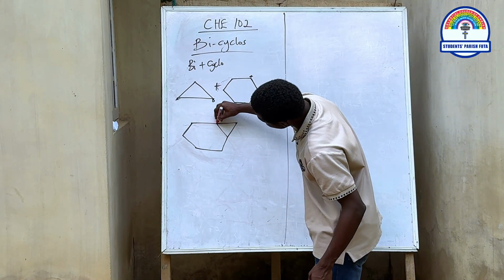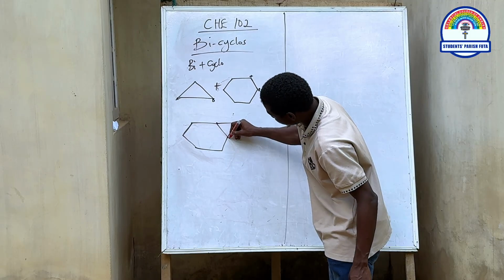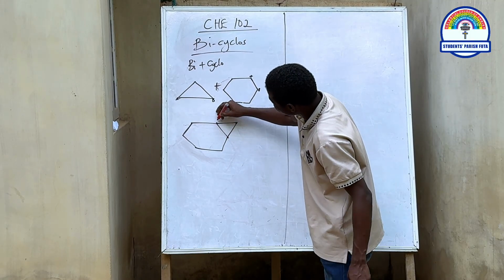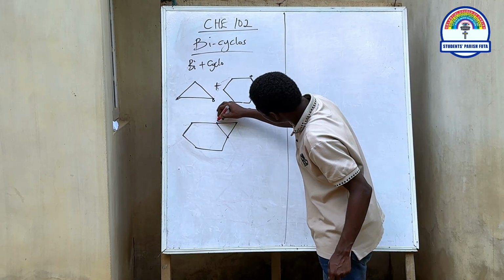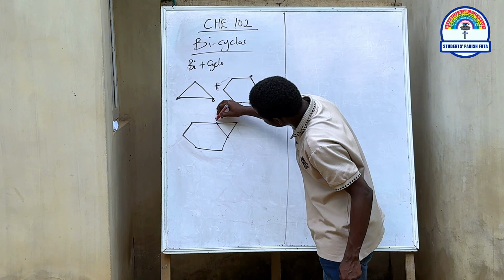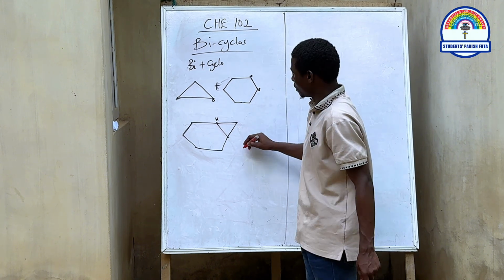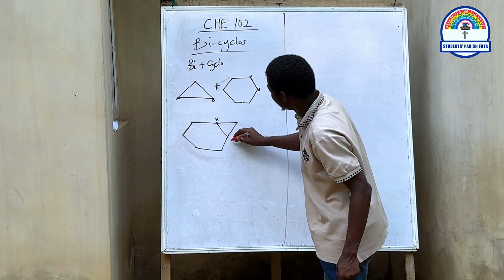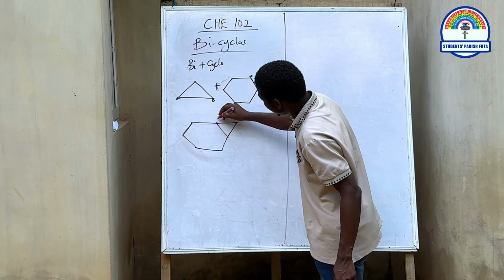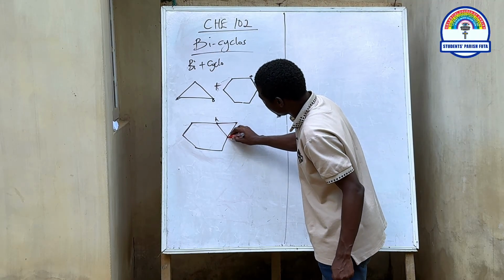That's this point, and this place as well. That's where they meet. You can call it H, or call it A. Let's use A instead.